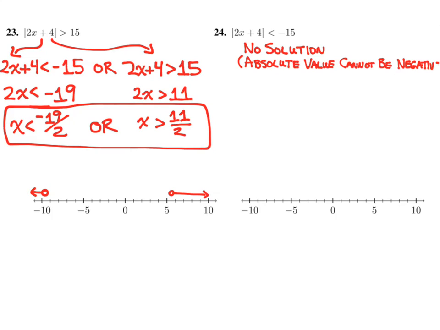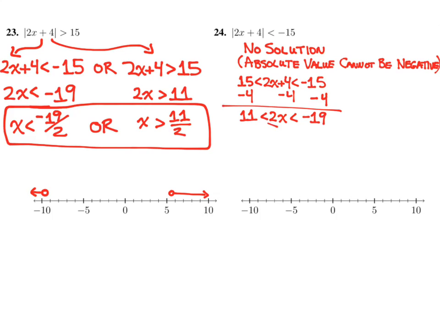Alright. Now, here's what I did, though. I pretended that I just wasn't thinking, and I just solved it anyway. So, less than -15 would mean it's stuck between 15 and -15, kind of the opposite version on both sides. Same problem. You subtract 4, you're feeling good about life. And then you divide by 2, all three sides, as always.